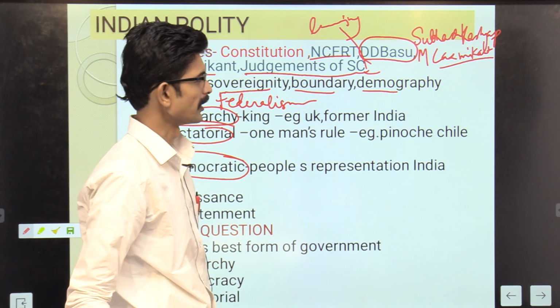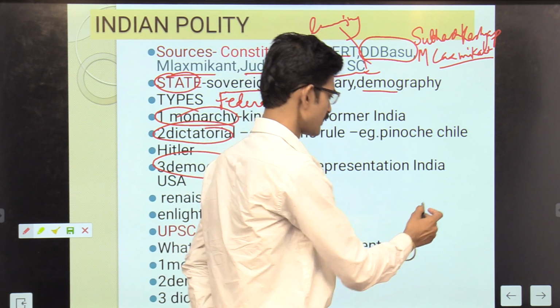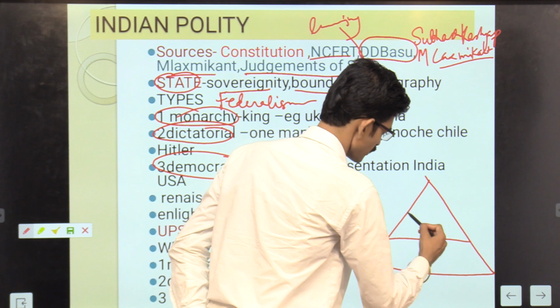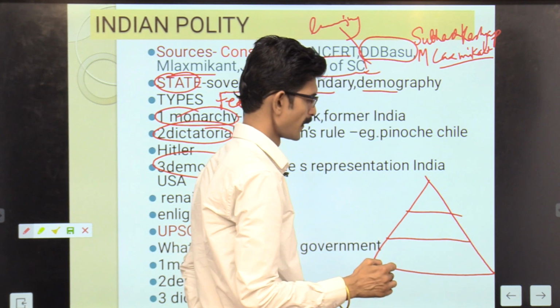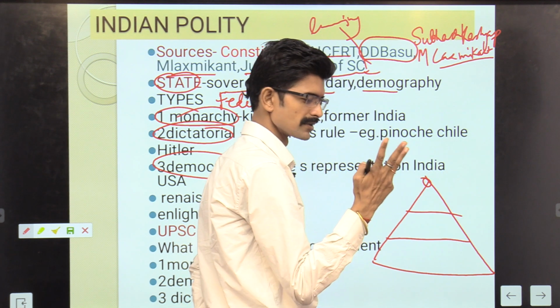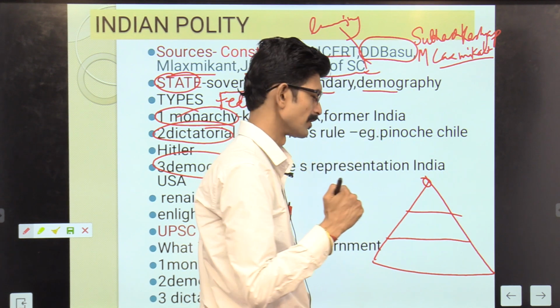So in the monarchy kind of government we see that during the period of the French Revolution, which led to the underpinning of principles of Indian polity, there were three classes. The entire society was divided into three classes.